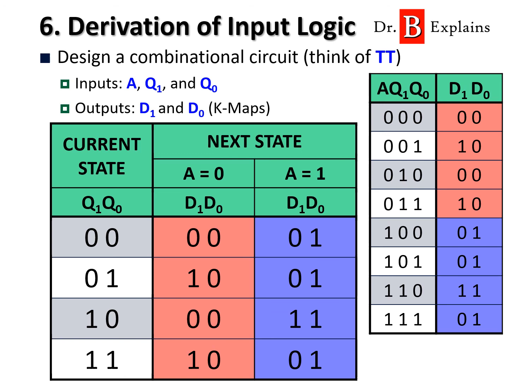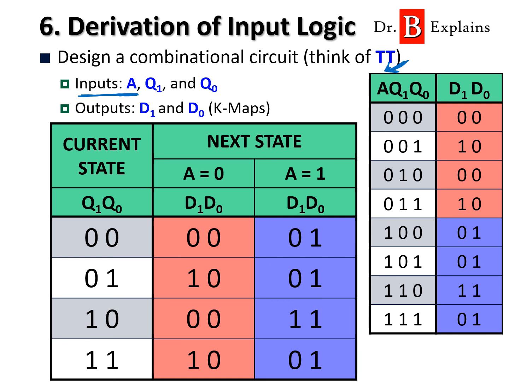If you go back to your digital systems class, this one on the right you have done many times. We have as inputs A, Q1, and Q0, and outputs D1 and D0, and you have to find a function for each column. I always recommend that you use your input variables, in this case we only have one, but whenever you have one or more, use them as the most significant bit.